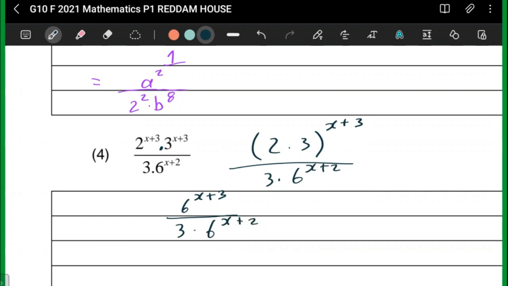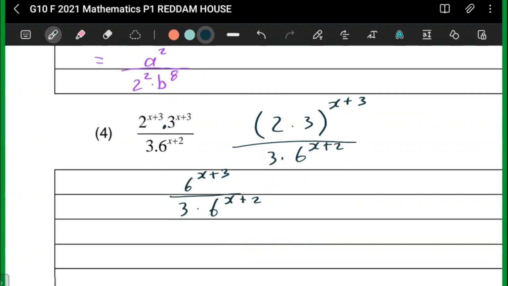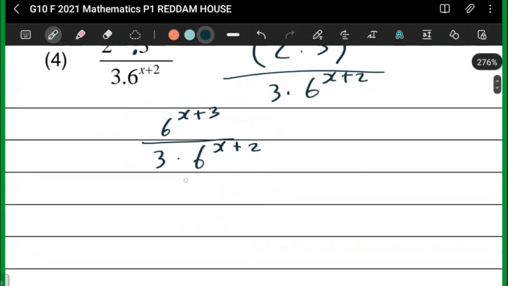Now the big idea is, you have to remember that if you are dividing and your bases are the same, you can subtract the exponents. So let me put that in practice in very simple ways. The 6 here and this 6 here have the same base. Because you're dividing here, you have the liberty of writing the following.